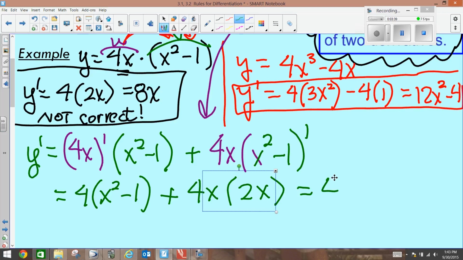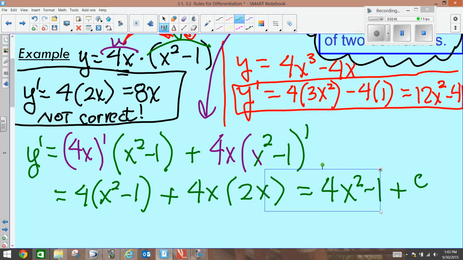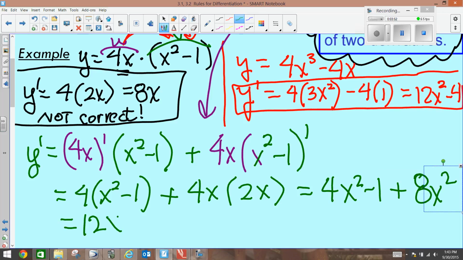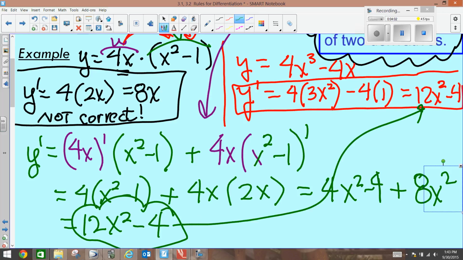We get 4x squared minus 4 plus 8x squared equals 12x squared minus, oh, dang it, I made a mistake, minus 4. Okay, remember, that's what we got right here. Okay, so you can do them either way, but eventually you're not going to be able to multiply.